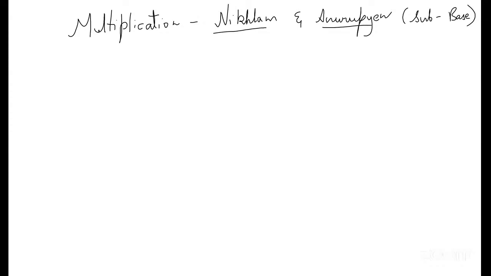Now, moving on to what this sutra is and how we use it. Let's take an example. Multiply 602 with 606. This is a little bit similar to the previous sutra that we did. We take deviations.